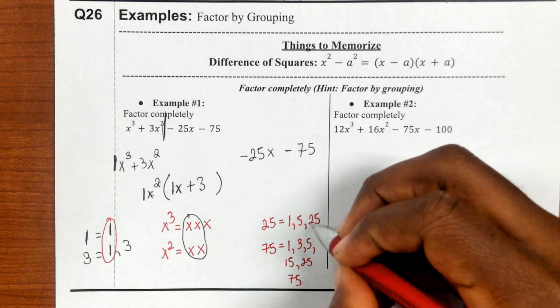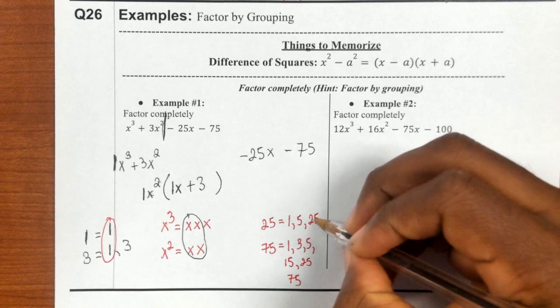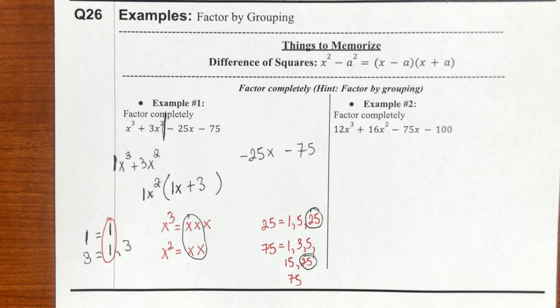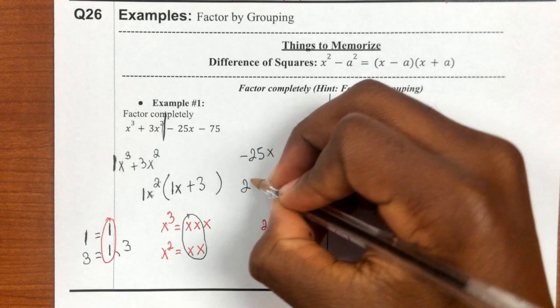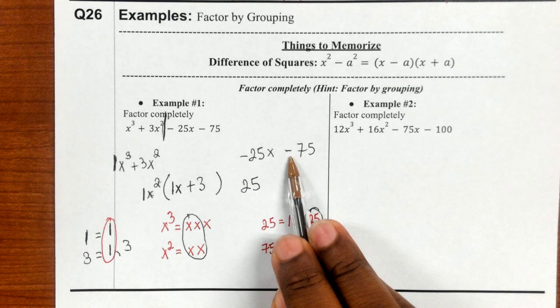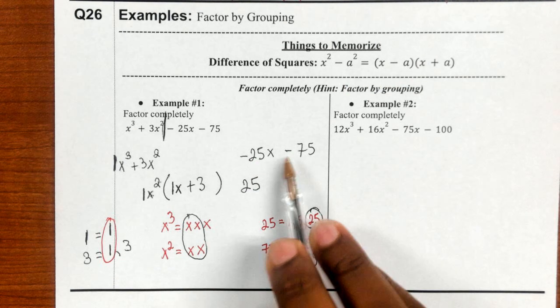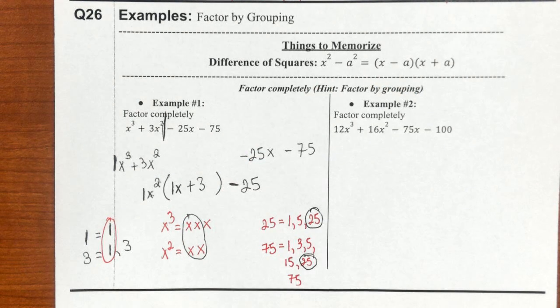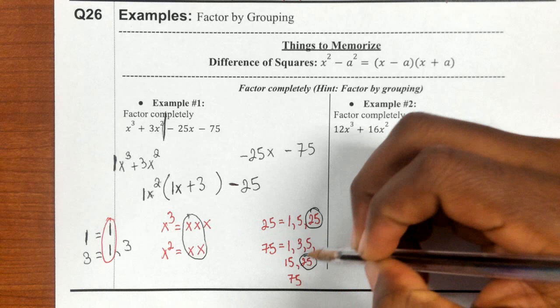What's the largest number they both have in common? The largest number they both have in common is 25. So that means I can factor out 25. Because both of them are negative, I can also factor out a negative sign. That's the only thing that they both have in common.